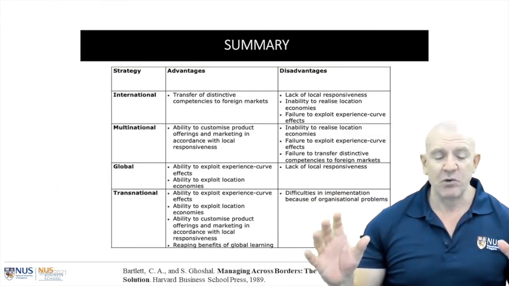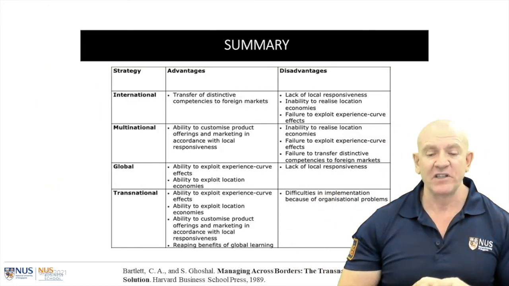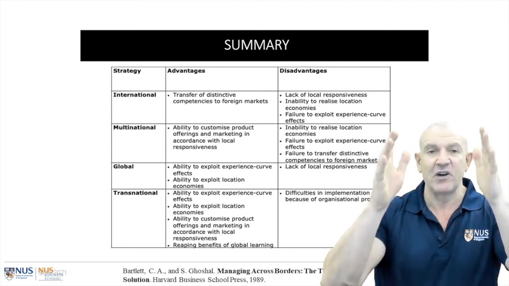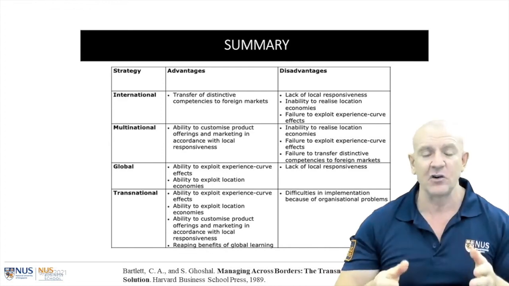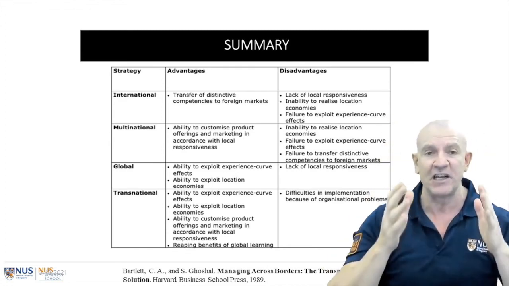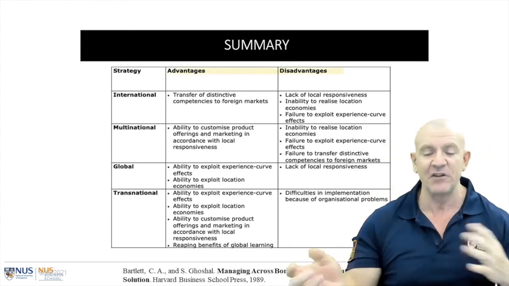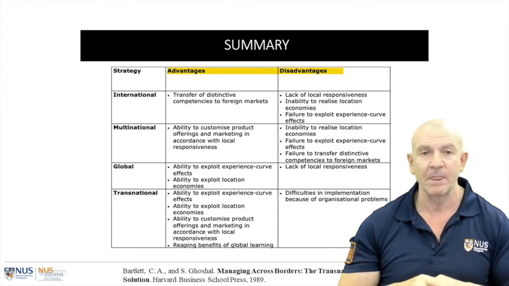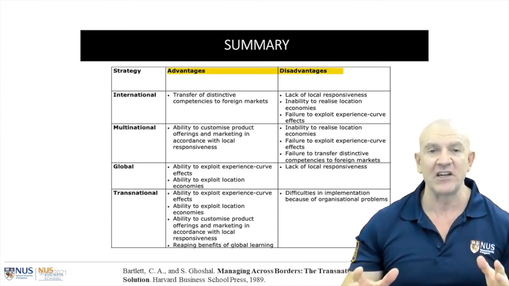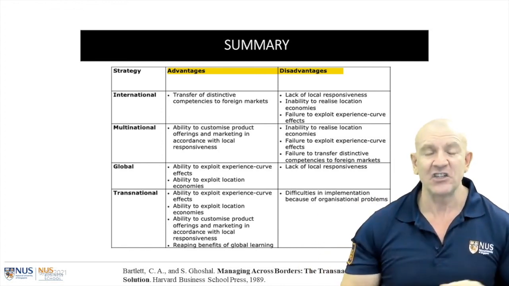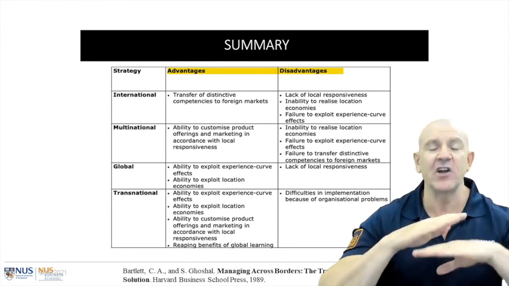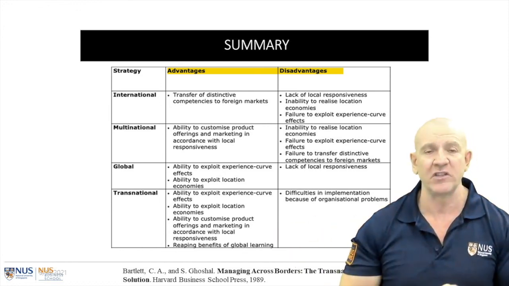So we want to summarize where we are today, and I just have a couple more points that I want to make. We can see that these different strategies, which I've recast now across the federation and so forth in terms of these ideas, international, multinational, global, and transnational, have different sets of advantages and disadvantages. And the advantages or disadvantages play out more prominently in the decision about which to use at this particular point in time, depending on how flat or spiky you see the world to be.